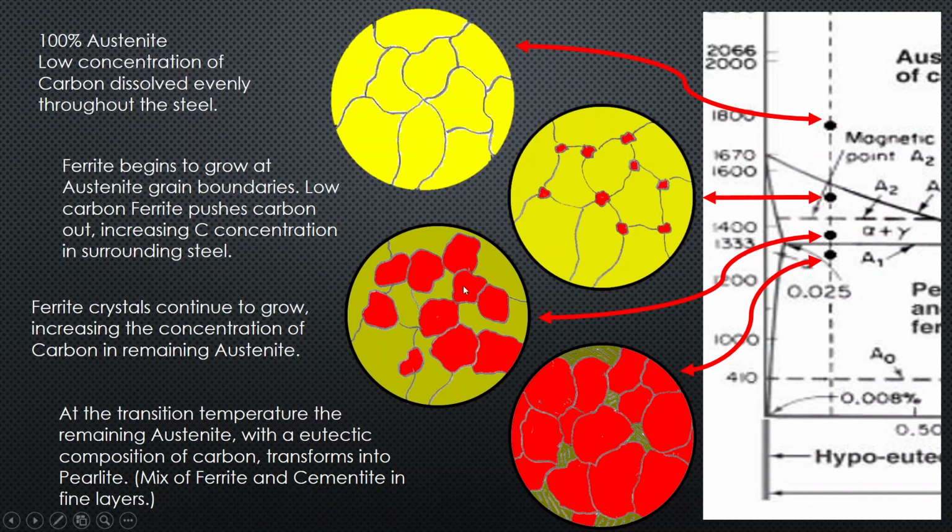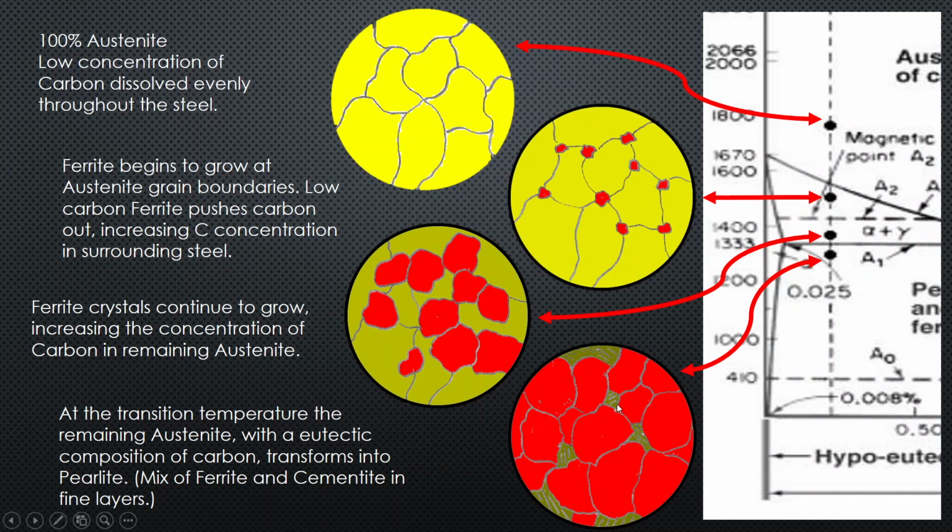As these crystals get bigger, they're still very pure, and as they cool down, the surrounding material has its carbon concentration continue to increase. That's why I've drawn a slightly darker shade of yellow. Now when we make this final transition right here, our crystals of ferrite have grown as large as they can based on the thermodynamics of the material. We've now passed through this point and transitioned right in here.